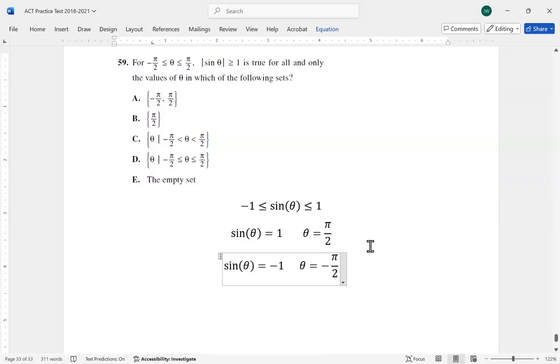And therefore, the only two values where sine of theta is greater than or equal to 1 are the values where theta is π/2 and where theta is -π/2. So that is option A. And that means option A is the answer to question 59.